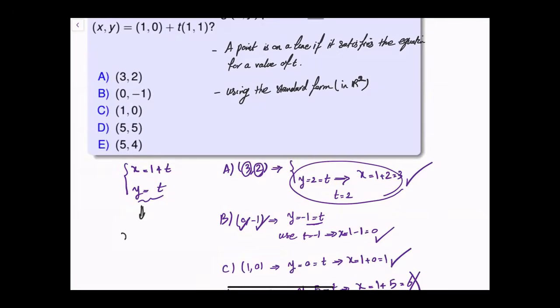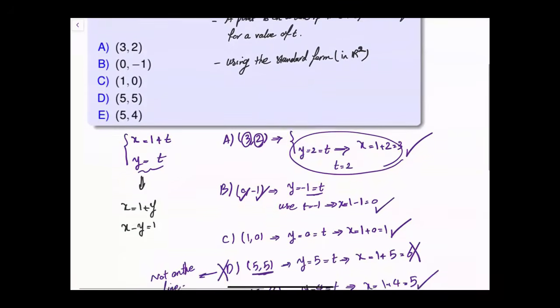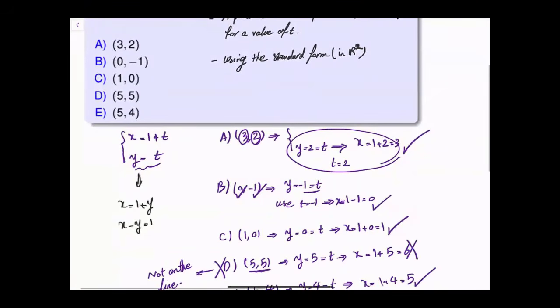It will be x equals 1 plus y. Actually, it will be x minus y equals 1. If you have the standard form, that's another way of checking. Plug in the values of x and y and see if the equality is satisfied.